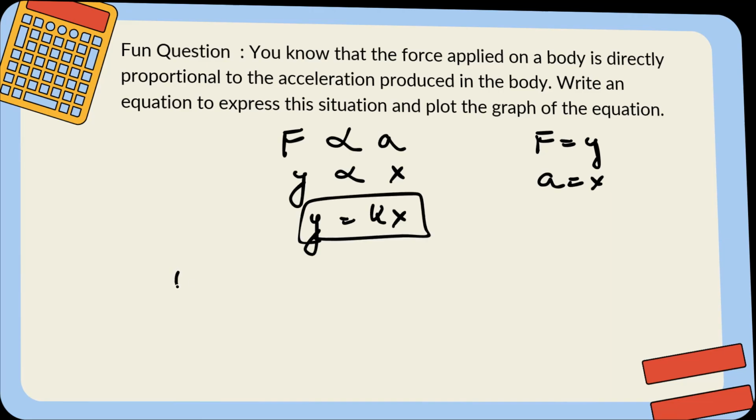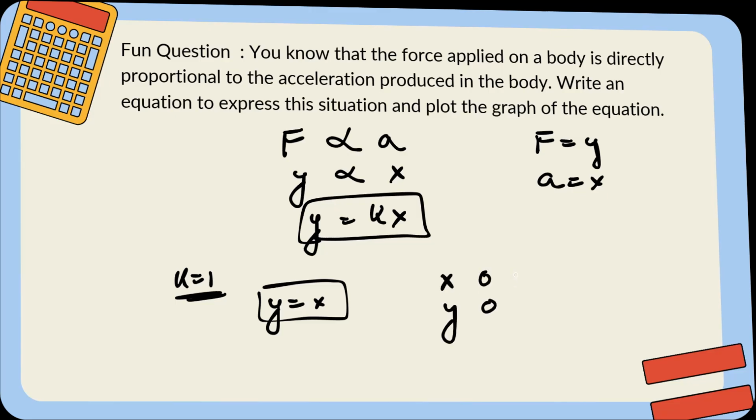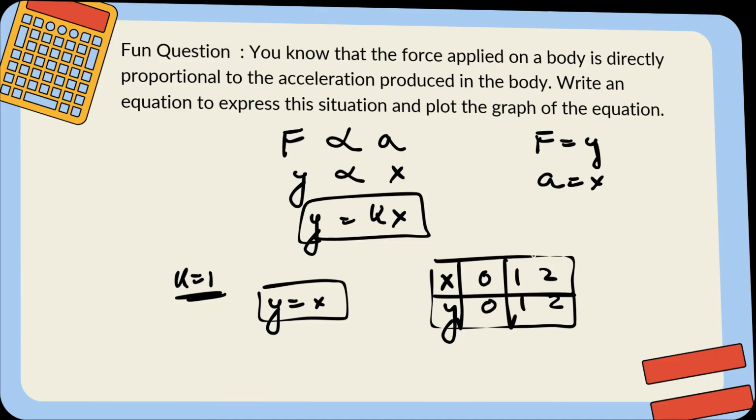So let us take k is equal to 1, okay? K is equal to 1, so that means what? Y is equal to x. So if y is equal to x, let's draw the graph, x and y. If x is 0, y is 0. If x is 1, y is 1. If x is 2, y is 2, right? So this is how the points will be, right? This is the table, right? Cartesian coordinates. So you can check it out. So what happens when you're drawing this graph?